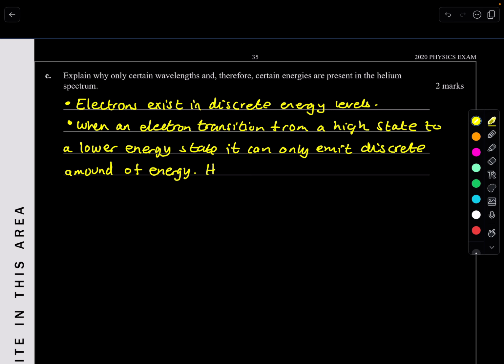So hence only certain wavelengths are present. That's it. That's why we have certain wavelengths.